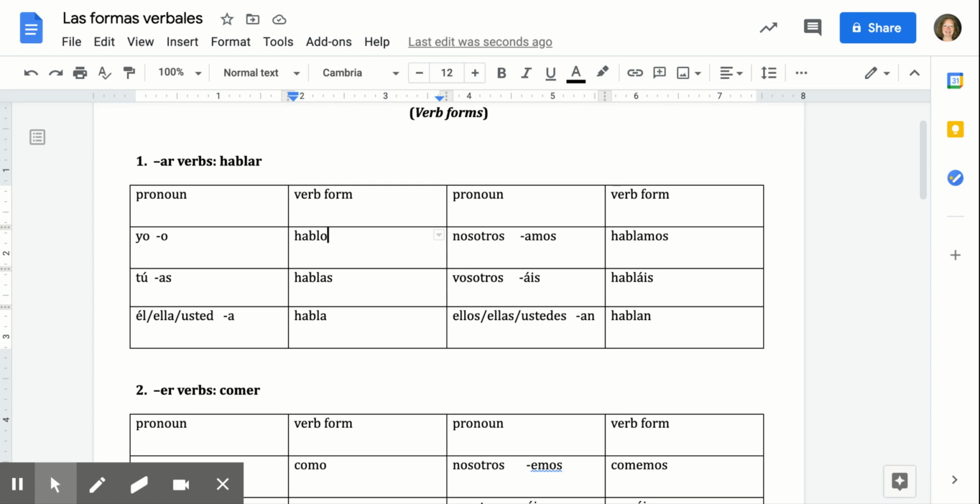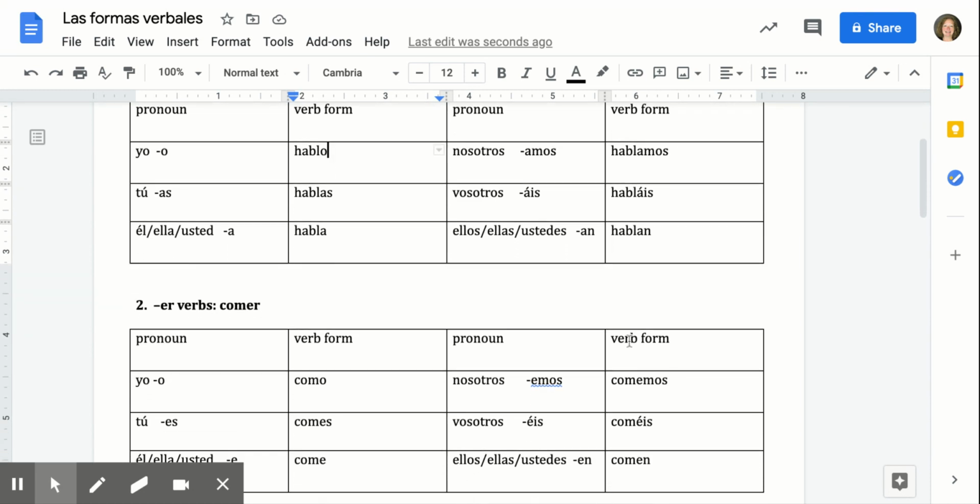But most native speakers don't use subject pronouns, so if you do not know the verb endings, you won't know who's doing the action and when they're doing the action. Is it present, past, future? All of that information is contained in the verb ending, which makes verb endings very important in Spanish. I would say probably the most important topic in Spanish is verb endings because they have so much information.